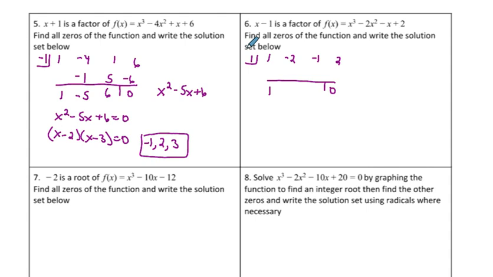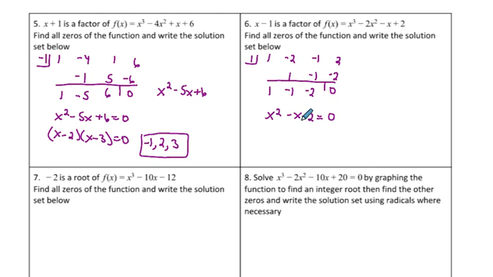So 1 times 1 is 1. That's going to be negative 1. That becomes negative 2. 1 times negative 2 is negative 2. 2 plus negative 2 is 0. So that gives us x squared minus x minus 2 equaling 0.